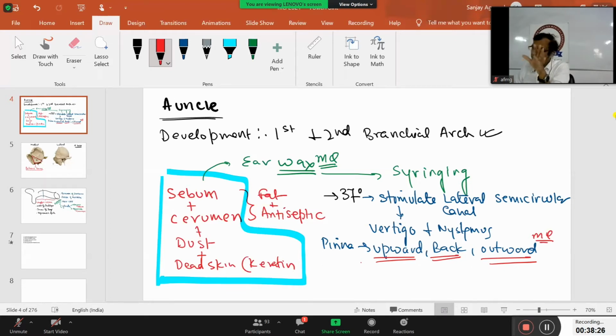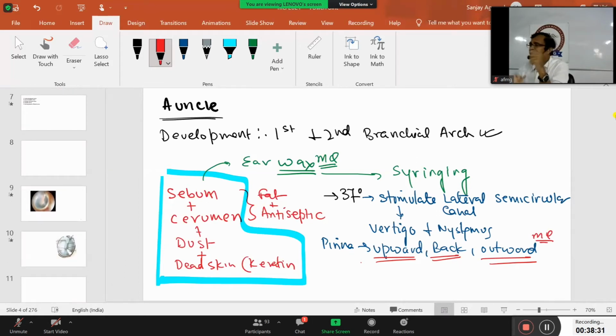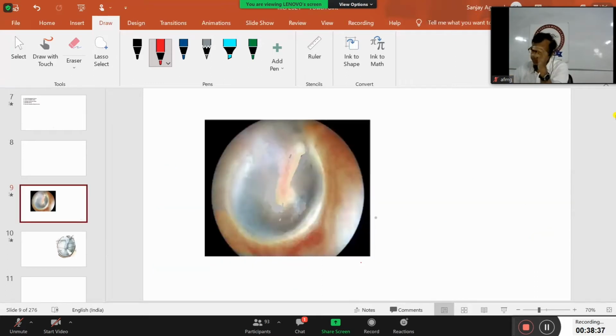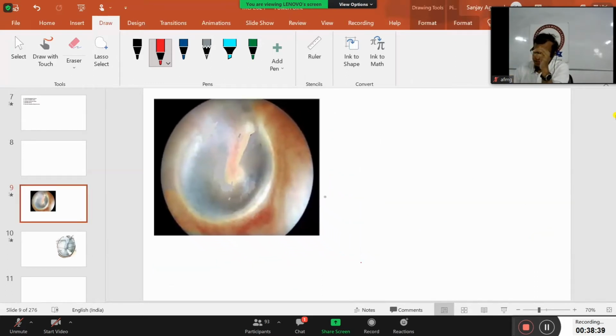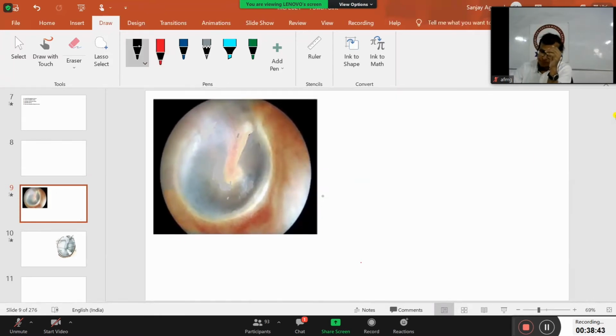Okay. So this much about the canal. And then we talk about what we have at the end of the canal: the tympanic membrane, which looks like this. This is your tympanic membrane. In the tympanic membrane, what are the basic points you have to remember?